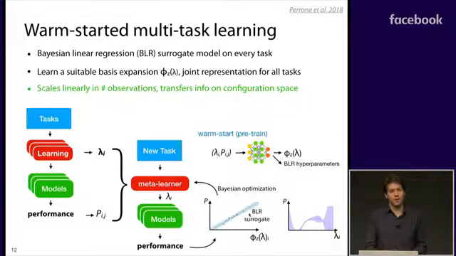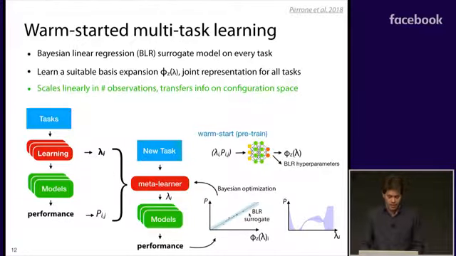Because some hyperparameters are very linear, some are very nonlinear. So you have to learn for each hyperparameter how you should model that. And in this case, we learn this with a neural network. So we give the neural network all the configurations, all the performances, and the neural network has to learn what's the optimal basis expansion, what's the optimal set of dimensions to build this model in.